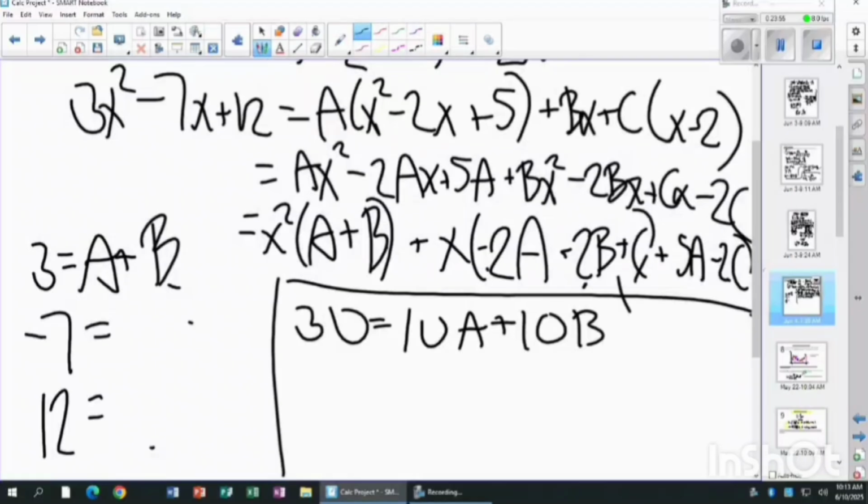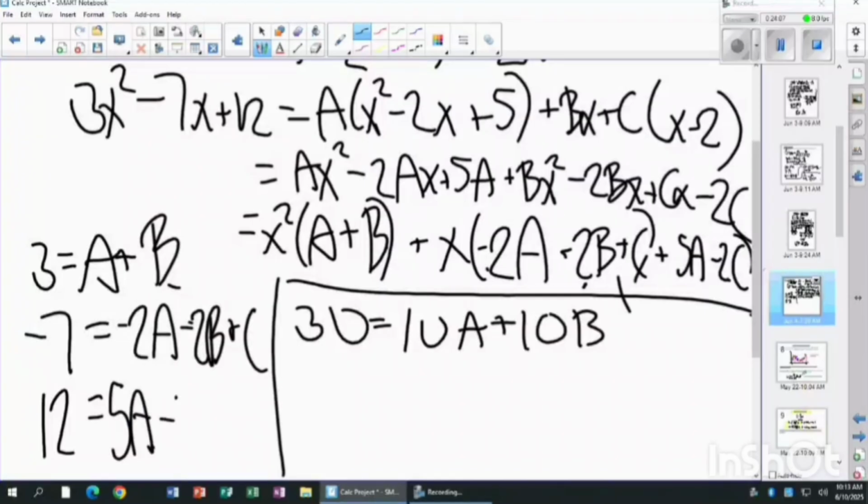Okay, so it would be negative 7 equals negative 2a minus 2b plus c, and 12 equals 5a minus 2c. Sorry about the mistake. Okay, so we multiplied the first one by 10. We're going to multiply the second one by 5.